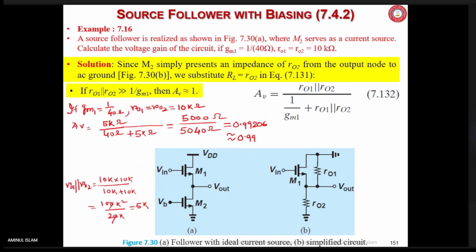Now, suppose we have understood this with M2 as RL, and gm1 equals 1/40 ohm, RO1, RO2 similar kind of devices, R1 equals R2 equals 10K, then what is the voltage gain of this source follower amplifier?